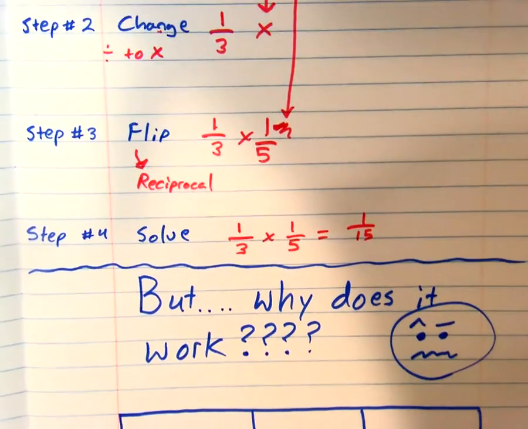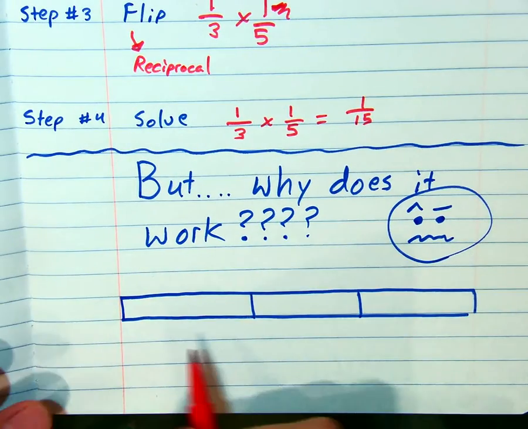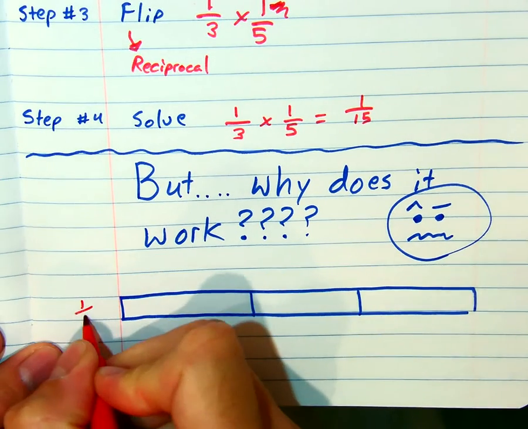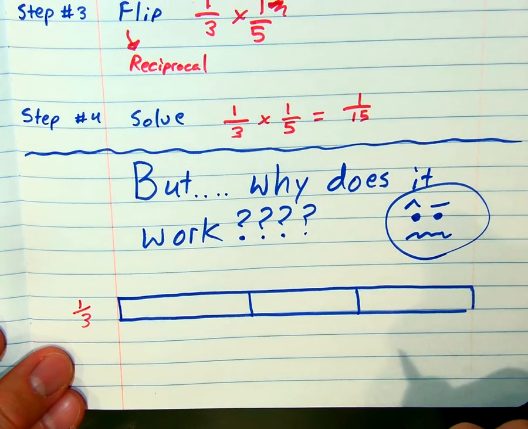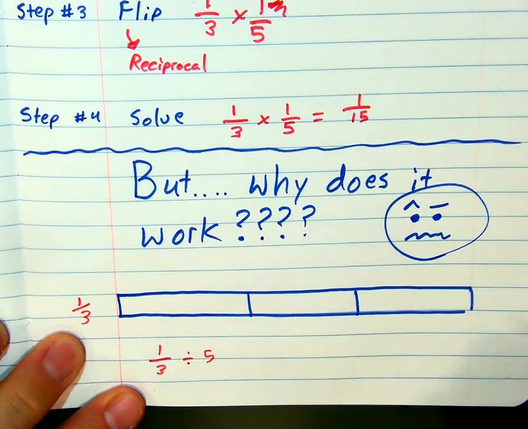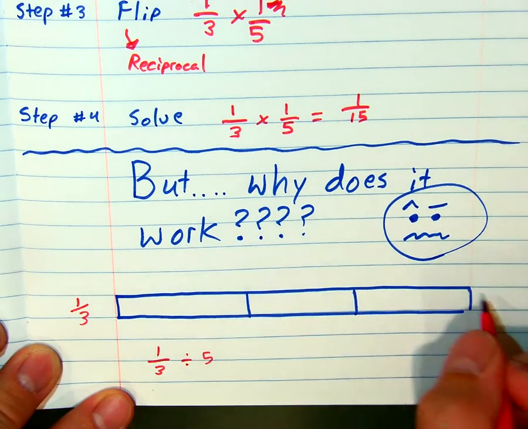But why? Why, Mr. McNeil? Why does it work? Let's look at the illustration here. This will represent our 1/3. And what we're doing is, our original problem stated 1/3 divided by 5. So what we're actually doing is, we're taking the whole thing and breaking it out.